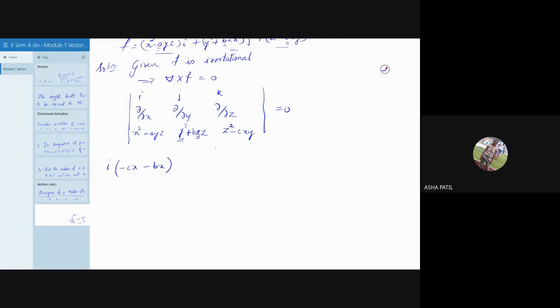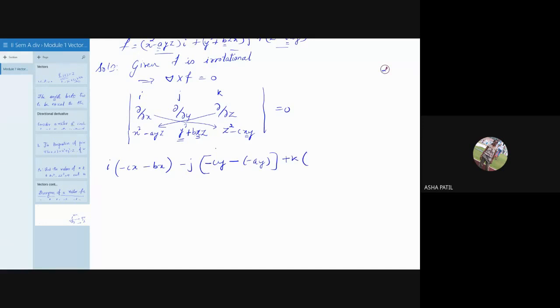Then we have minus j, then derivative of z square minus cxy with respect to x. That means we'll have minus cy, derivative of x with respect to x will be 1, minus derivative of x square minus ayz with respect to z. It is minus ay, then plus k.